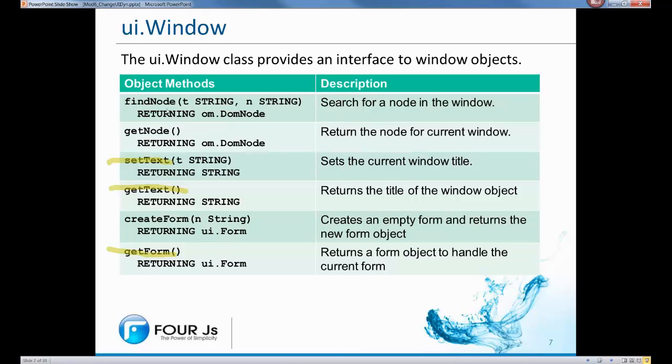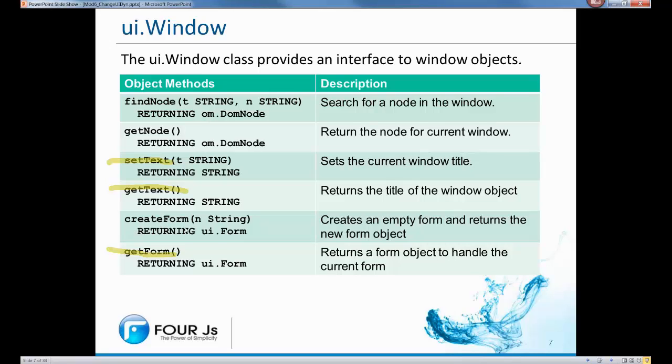You could still do a findNode if I wanted to find, for example, a Vbox that had the name of Fred. I could use this findNode to get a handle on that Vbox whose name is Fred. If I wanted to return the node for the current window, I could use this getNode statement. That would be if I wanted to do node processing.